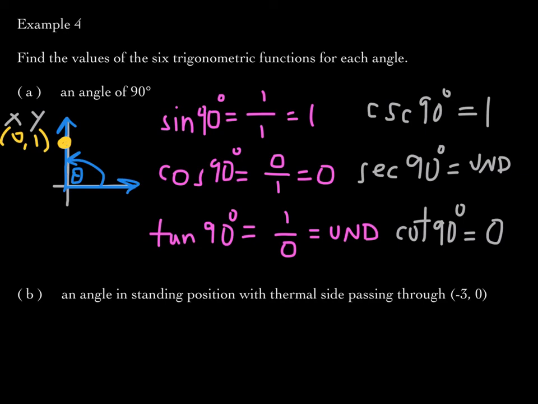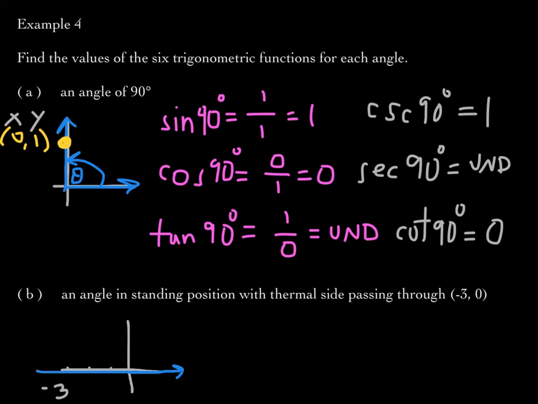Let's do this next problem. We have an angle in standard position whose terminal side goes through -3, 0. Now, -3, 1, 2, this would be -3 over here. So then the angle looks something like this, everybody. Standard position, so there's my initial side, and then my terminal side goes through, well, that was pretty sloppy.